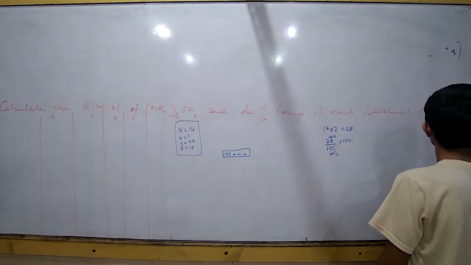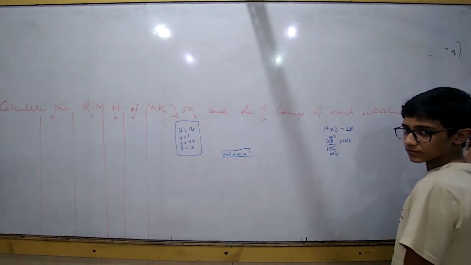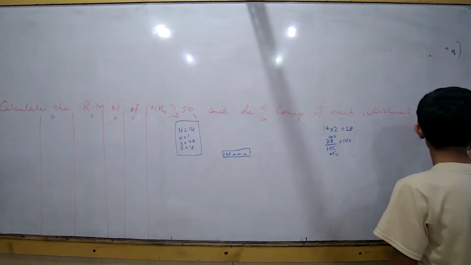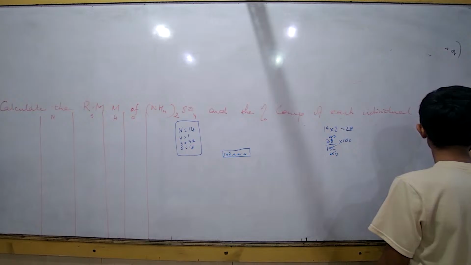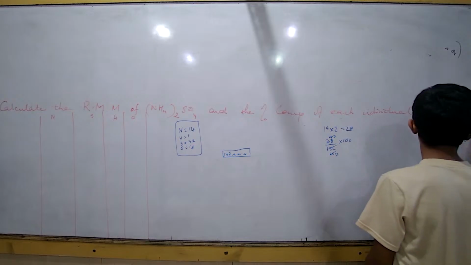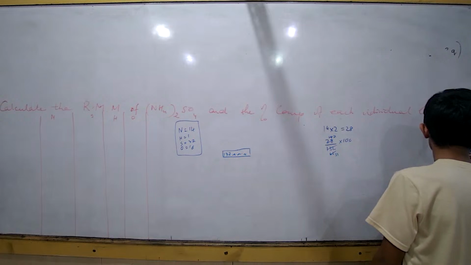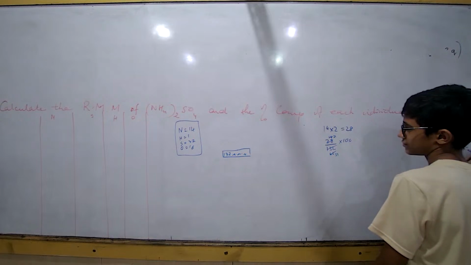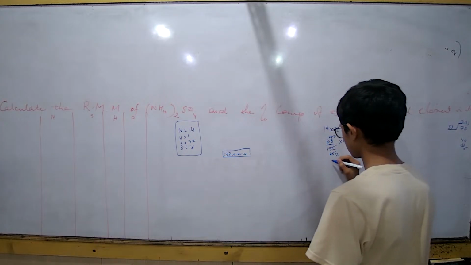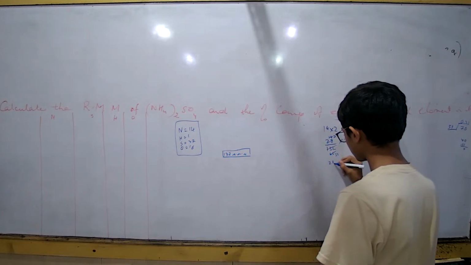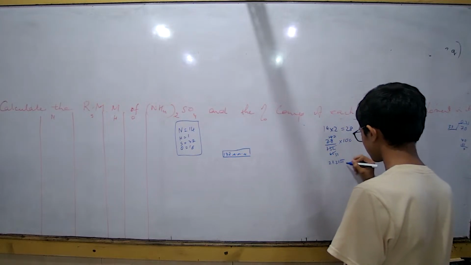No, it is 7/33. 7 upon 33. Hurry. You made a mistake.